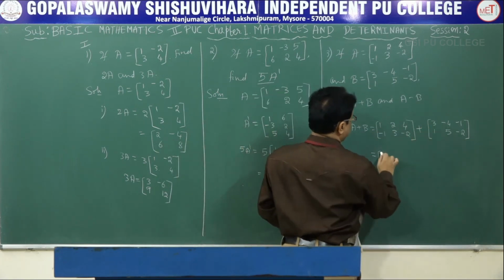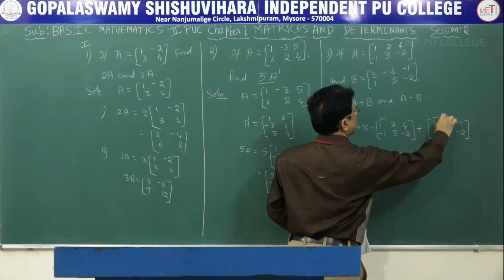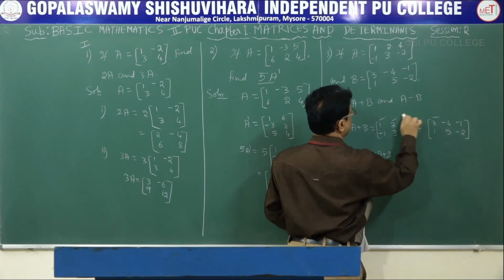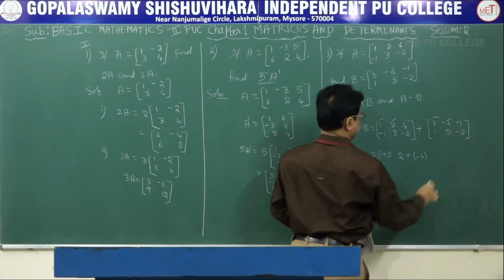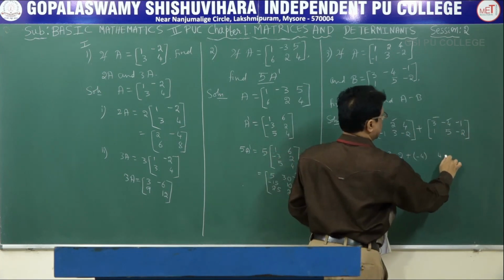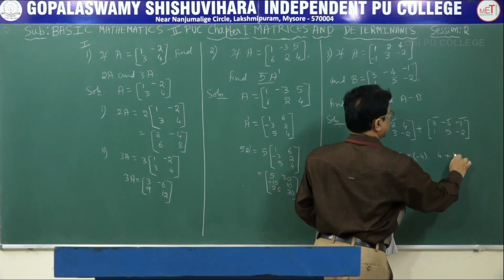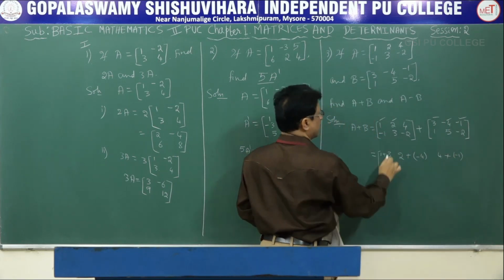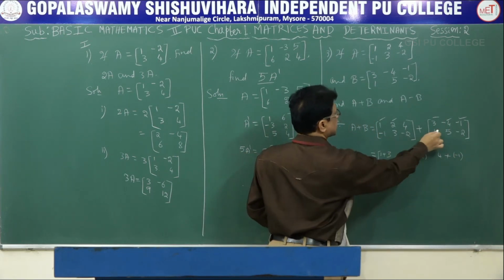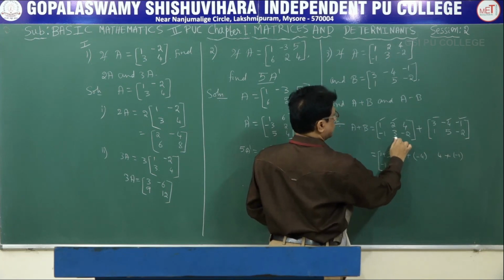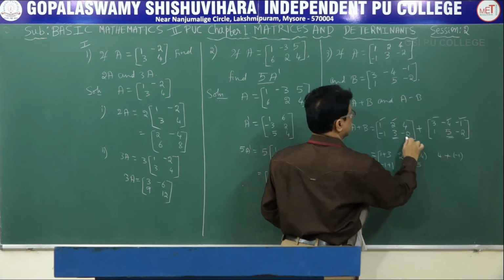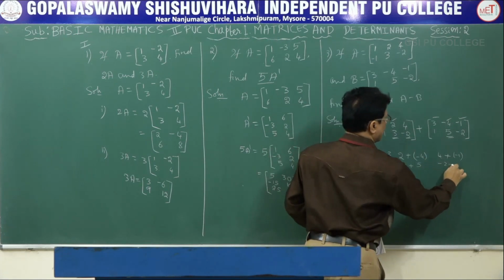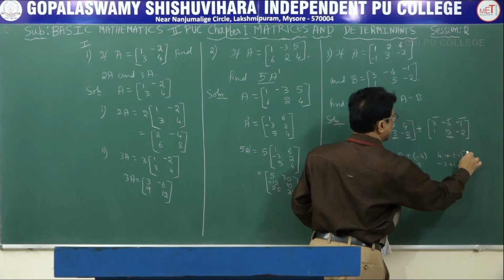So 1 plus 3, 2 plus minus 4. Next element 4 plus minus 1. So minus 1 plus 1. 3 plus 5. Minus 2 plus minus 2.